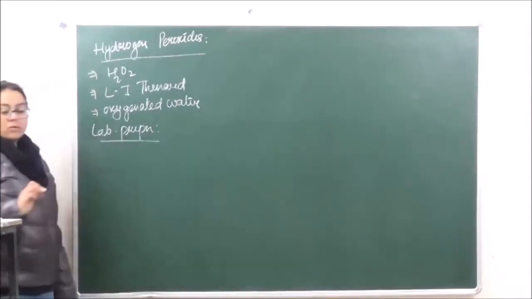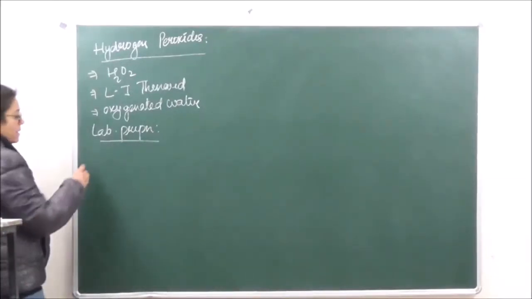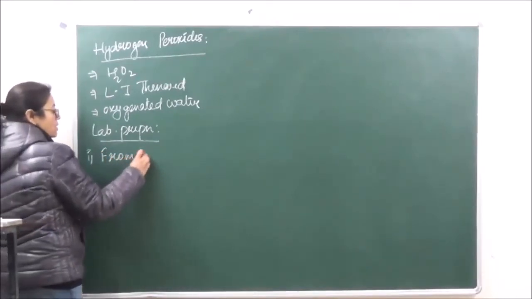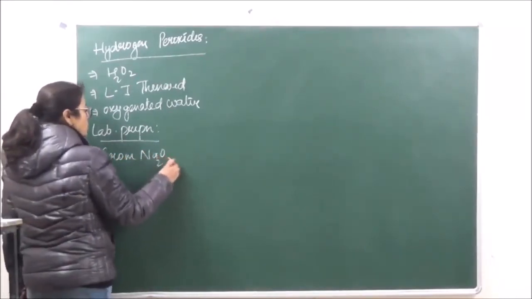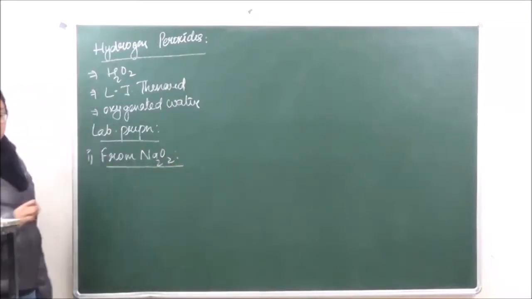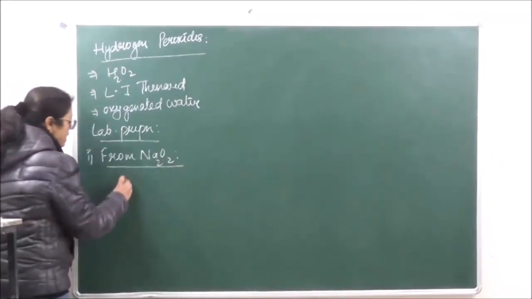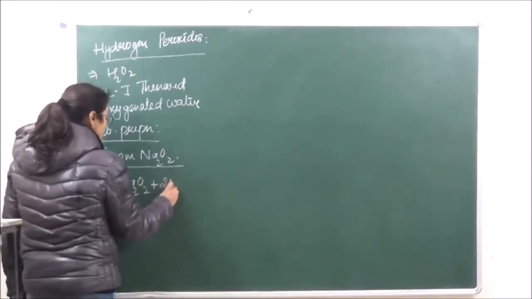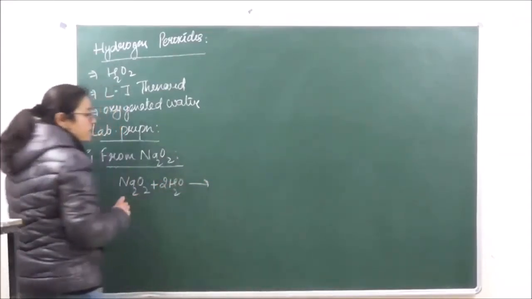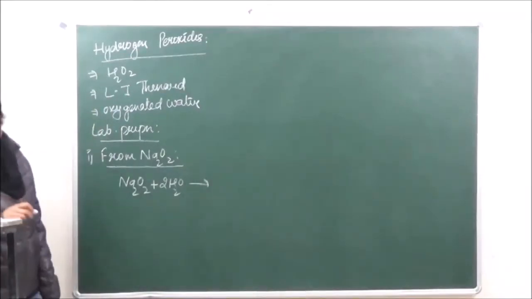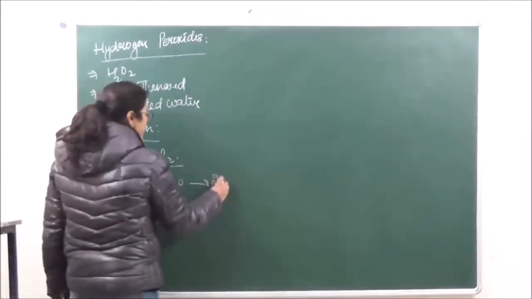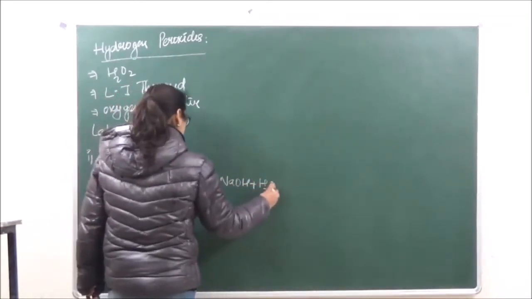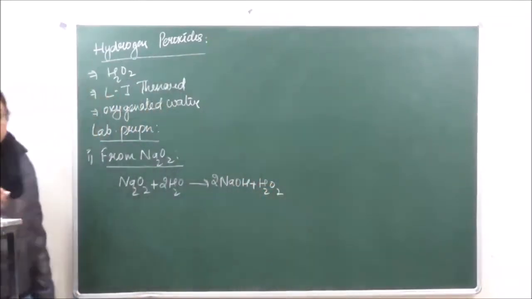Then we are going on to the laboratory preparation. Lab preparation of hydrogen peroxide. It can be prepared from sodium peroxide. So we are going to react sodium peroxide with water, when we are going to get an alkali plus hydrogen peroxide.